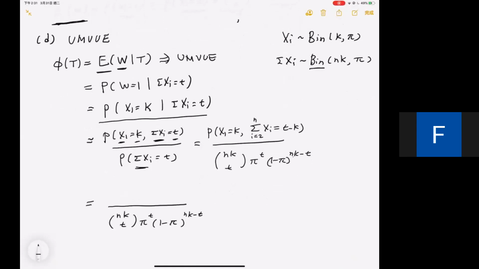X1 is independent of X2 plus until Xn. Okay, so I can write X1 is k, then the probability summation i from 2 to n of xi equals t minus k.